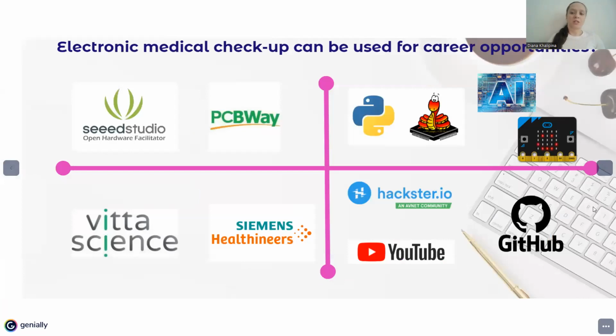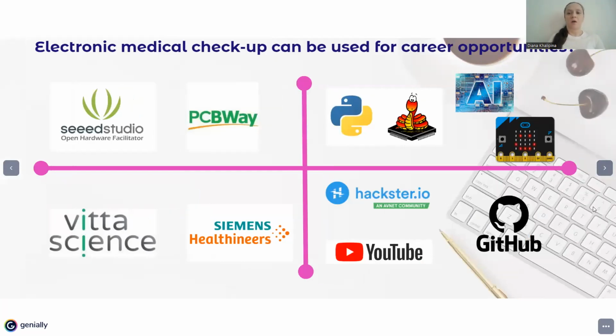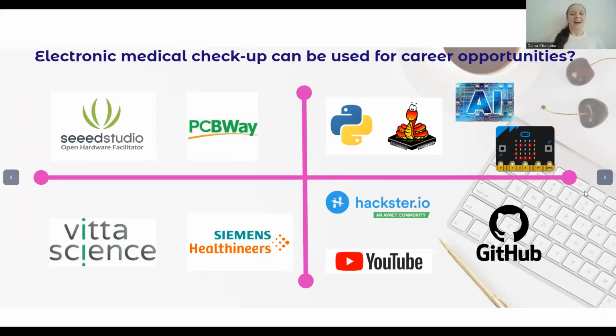Especially about career opportunities, I would like to share a little bit how you could use the information. So I'm trying to move my face so that you can read. For example, on the left, you can see you can work for small companies or big companies. For example, I create educational content for Vita Science company, and you could work, for example, for Siemens Healthcare. You can also work for creators of sensors and digital devices, like Seed Studio, PCB Way.